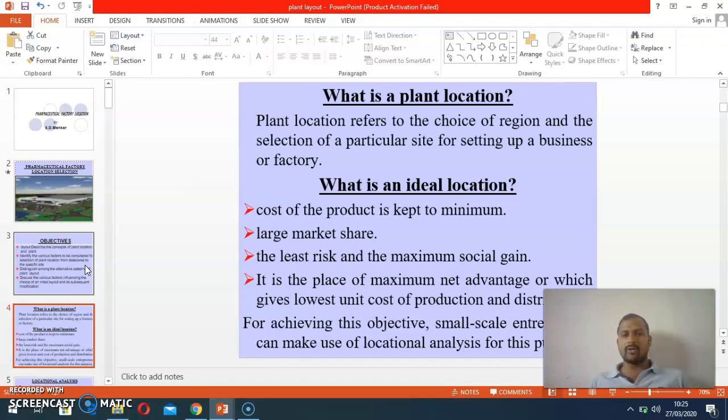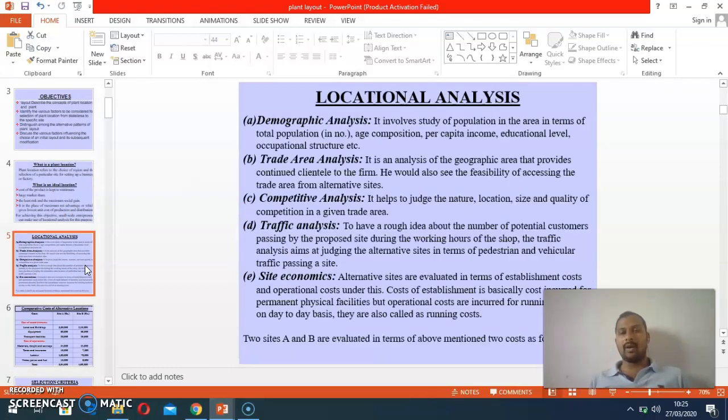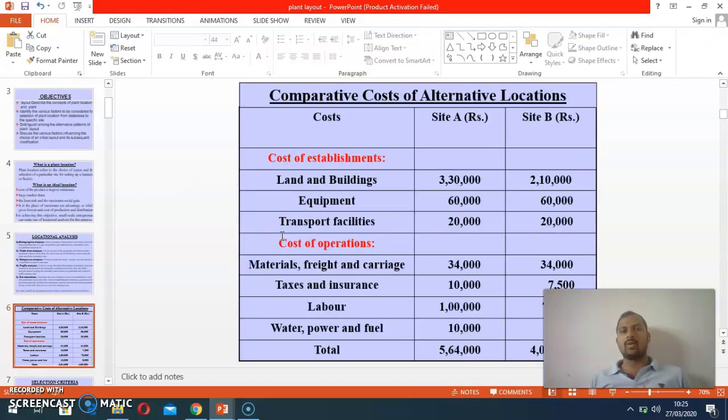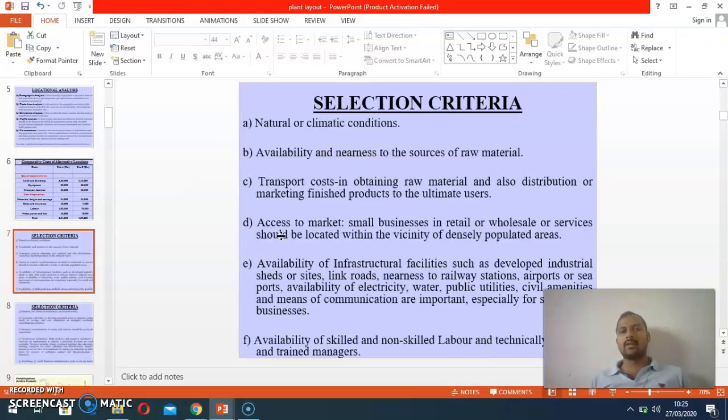For achieving this objective, a small scale entrepreneur can make use of locational analysis, which includes demographic analysis, trade area analysis, competitive analysis, traffic analysis and site economics. The selection criteria according to that analysis are as follows.